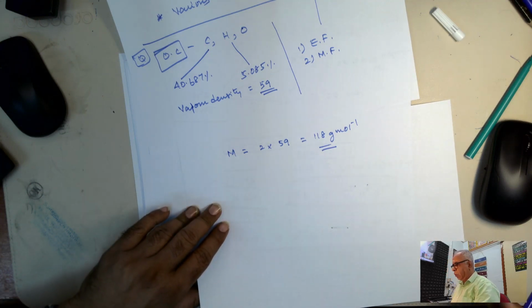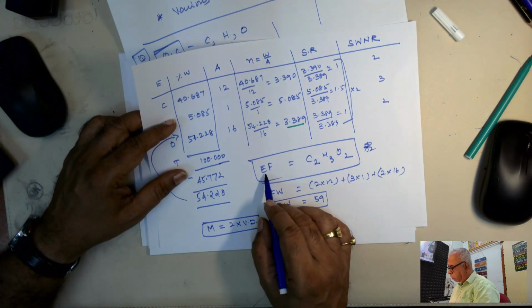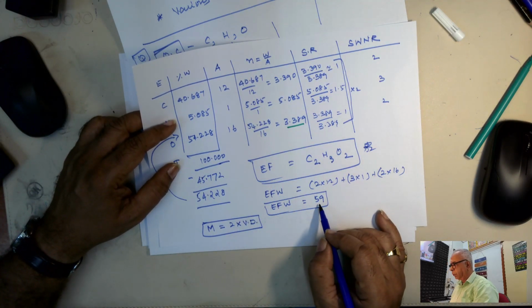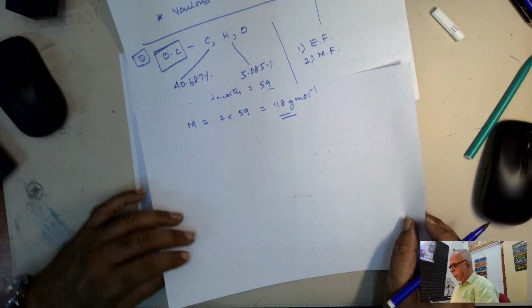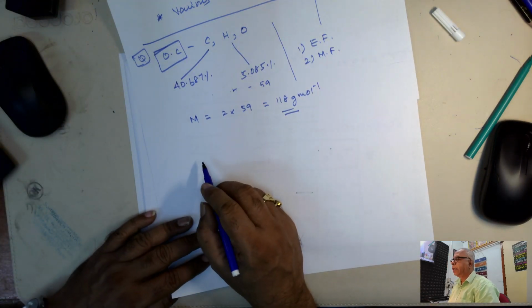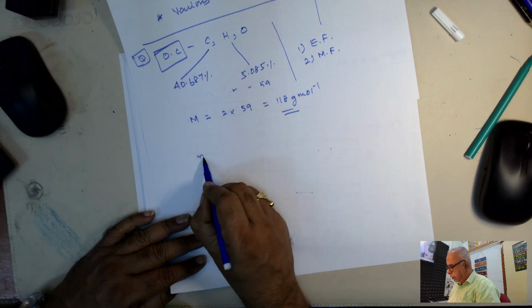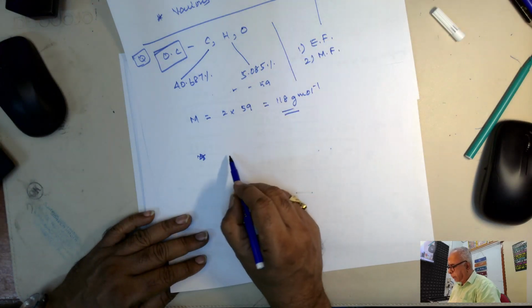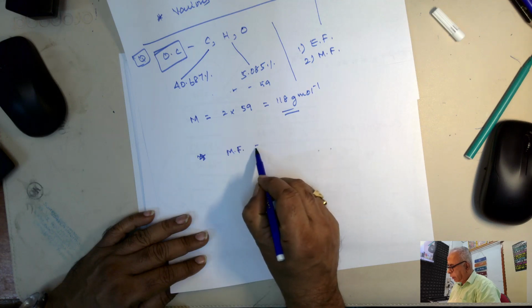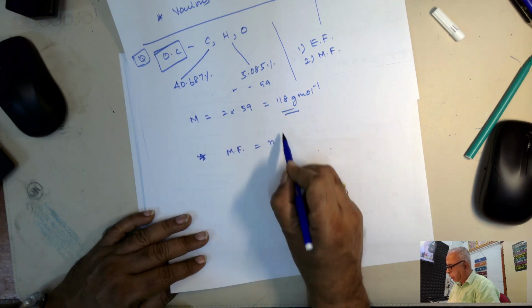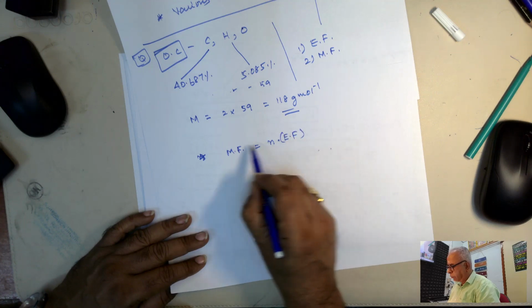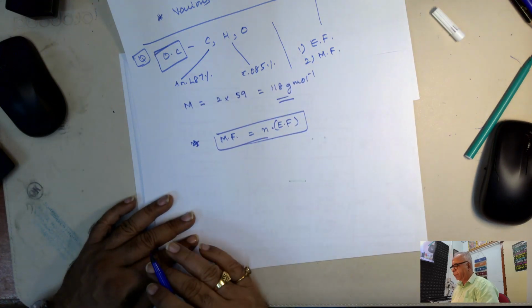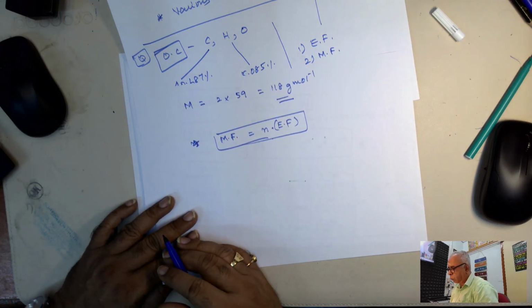Now, once again, we have the empirical formula weight, 59. Are you able to follow? Take down N: the molecular formula is equal to N, the ratio, into the empirical formula.